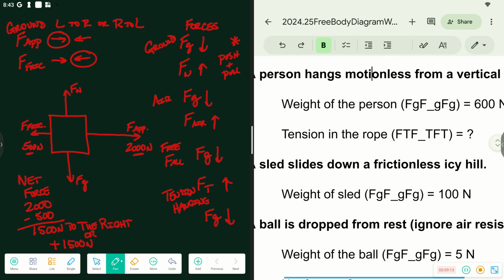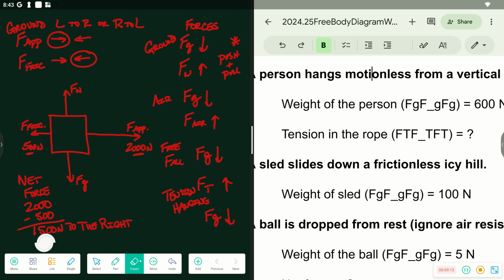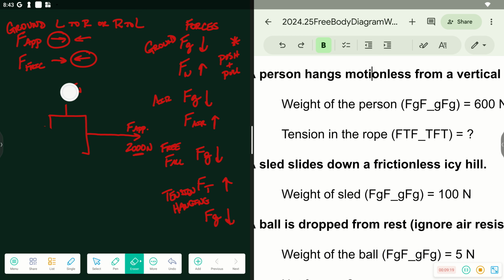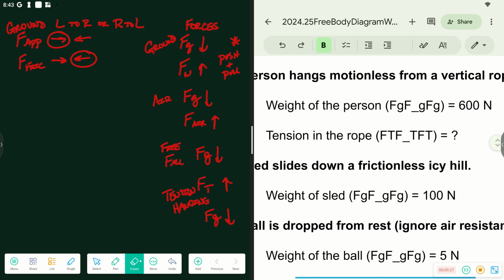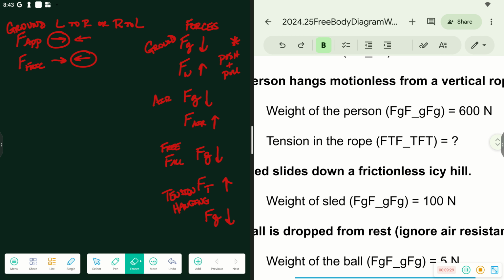All right, this one. A person hangs motionless from a vertical rope. Okay? So there's no left-right movement. We just have up and down.